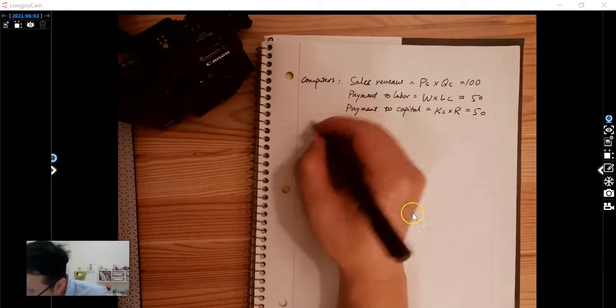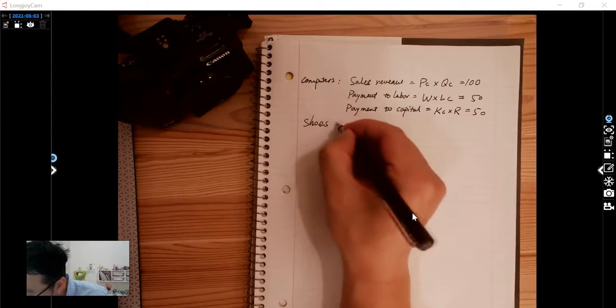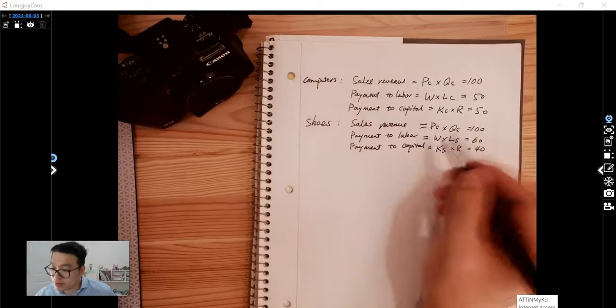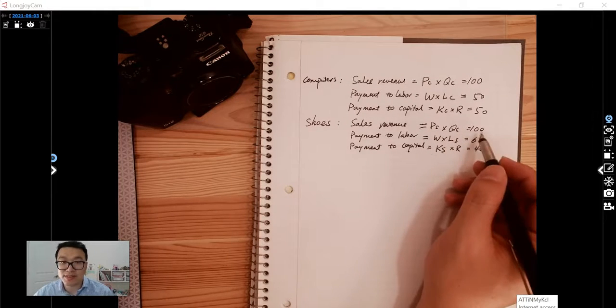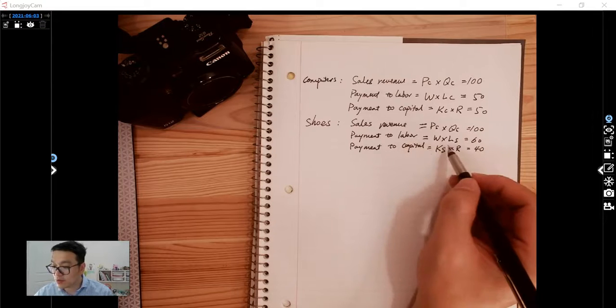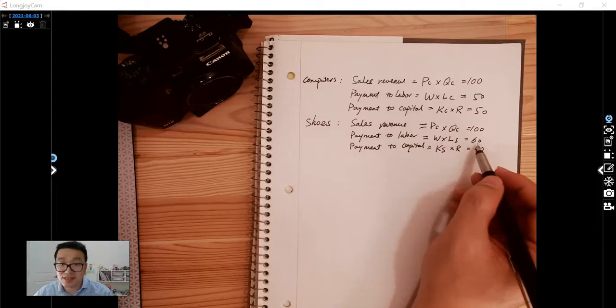Once we have the computers industry, we can start working on the shoes industry. The sales revenue is the price of shoes times the quantity of shoes, equals $100. The payment to labor, where you hire workers for the shoes industry, is the total amount of labor LS in the shoes industry times the wage rate, and that's $60.